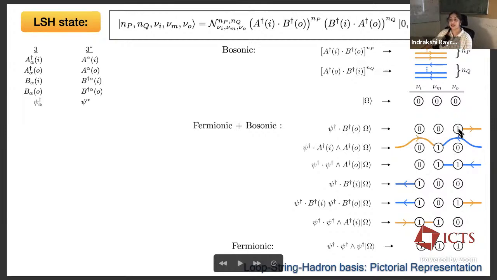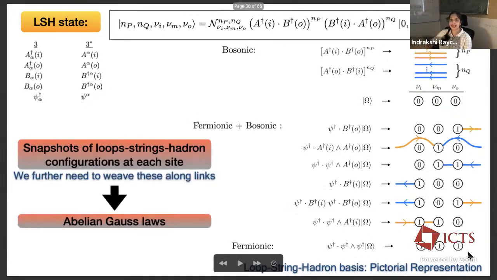So these are kind of the string end operators that we have. And of course, you can have hadrons as well, that is represented by all these 3 fermionic quantum numbers being 1. Again, just like the SU2 case, all of these configurations are nothing but snapshots of a general Loop-String-Hadron configuration that can be present for each lattice site.